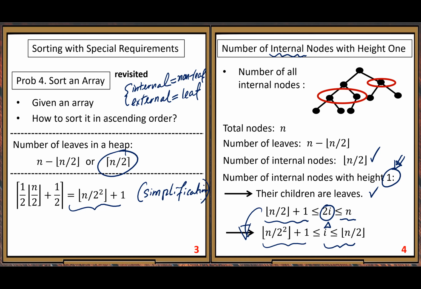You may ask me, how do you do the simplification like this? When you do simplification, you need to consider the cases for n. Division by 4 with remainder 0, 4k, 4k plus 1, 4k plus 2, and 4k plus 3, with remainder 0, 1, 2, 3.